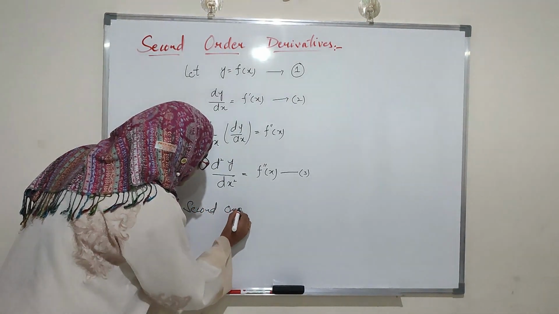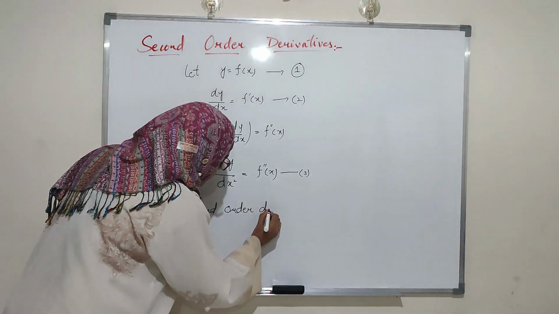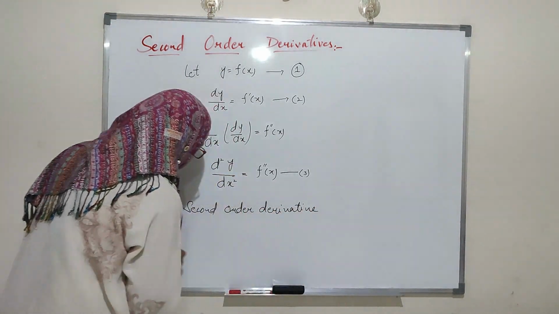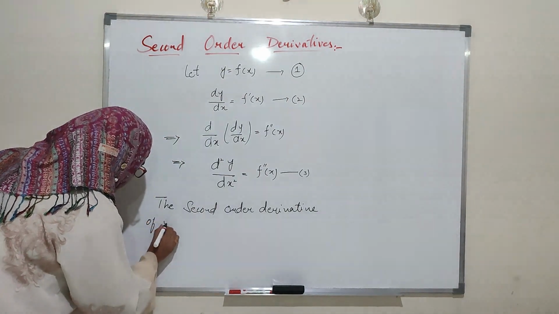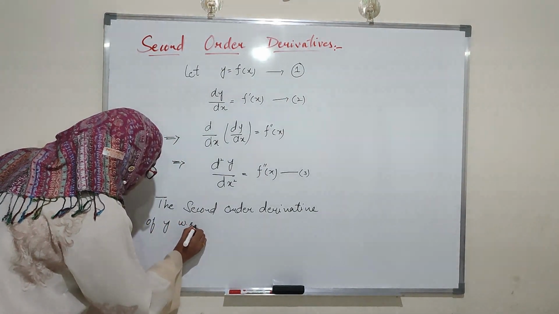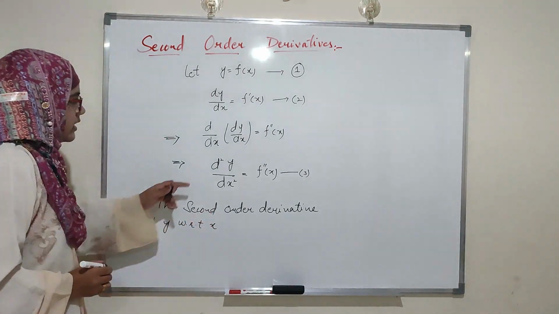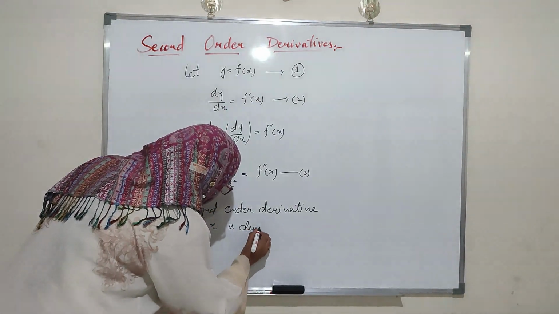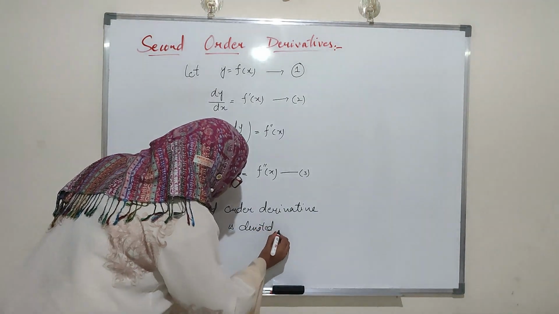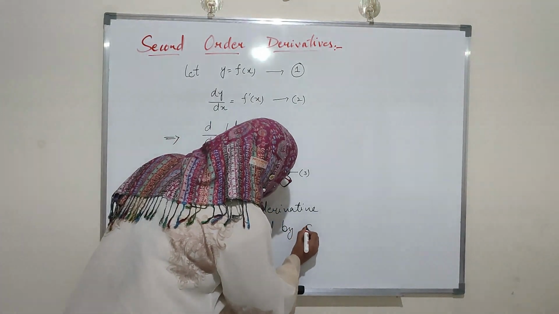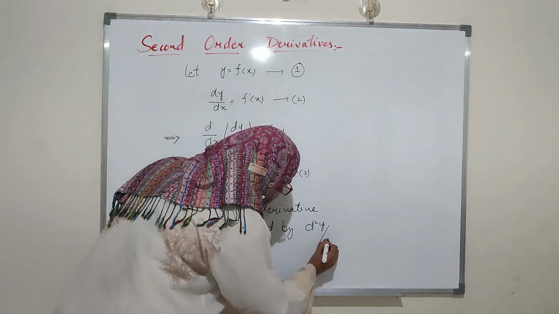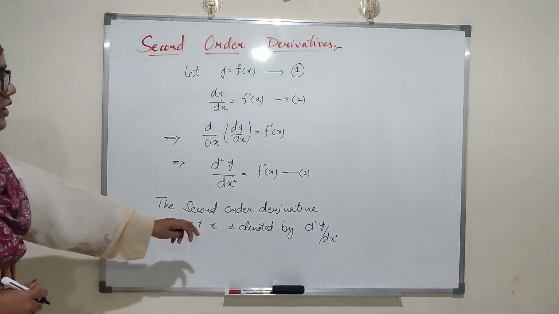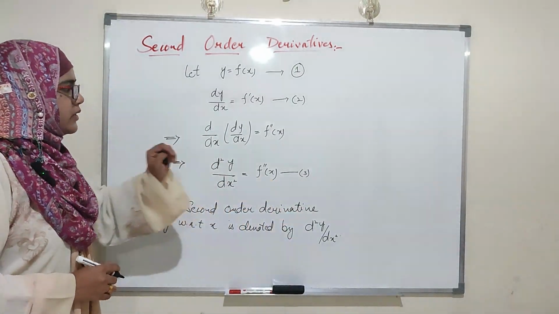The second order derivative of y with respect to x is denoted by d2y by dx square.